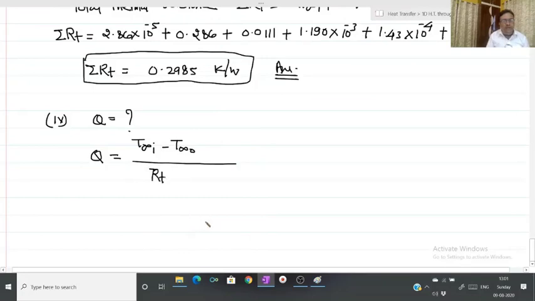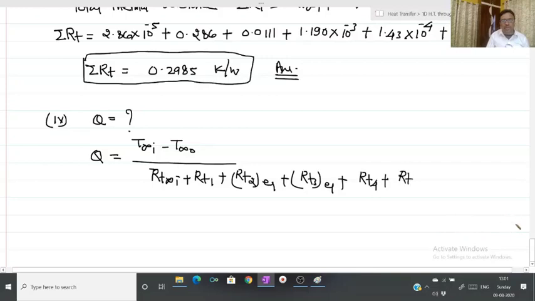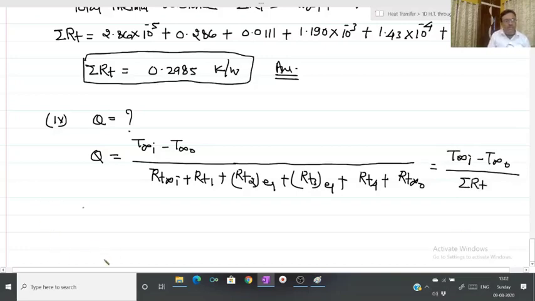Thermal resistance of hot fluid, thermal resistance of slab 1, equivalent thermal resistance of the second slab, equivalent thermal resistance of the third slab, plus thermal resistance of slab 4 and thermal resistance of cold fluid. All these thermal resistances will get added up, or I can also write T infinity I minus T infinity O over the summation of RT. So this will make my work easier.